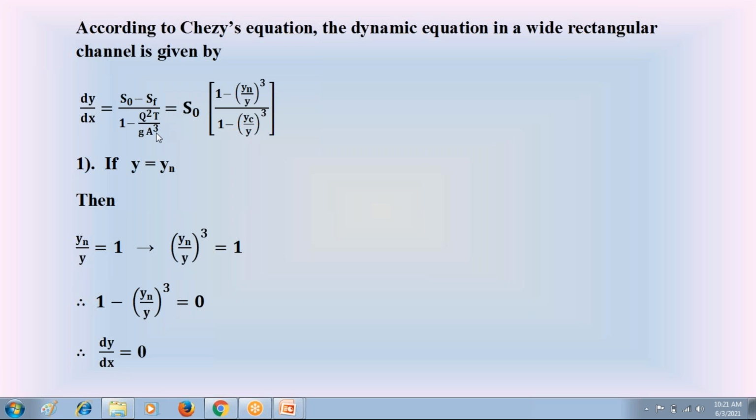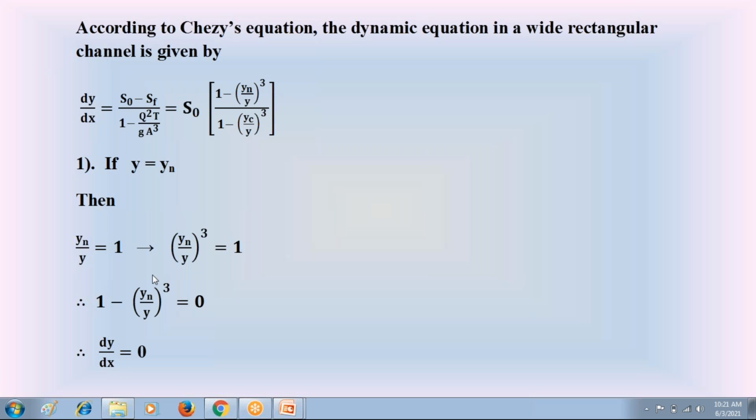Here I am going to explain the value of dy by dx for different values of depth of flow y. In this discussion, I am not going to explain zone 1, zone 2, zone 3; that is over. In zone 1, dy by dx is positive.